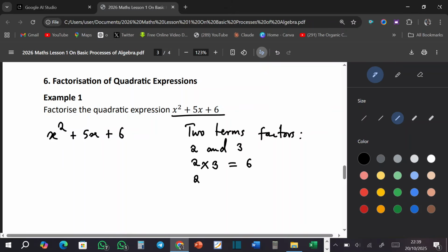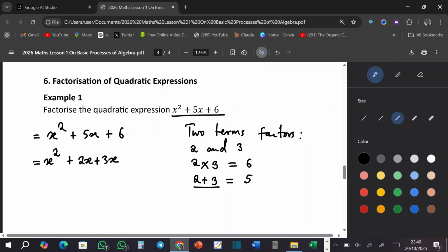If I say 2 plus 3, I'm getting a 5. So these numbers, we just look for them ourselves. Once you find them, you substitute here. You say x to power 2, then plus, where there's 5, you replace it with this: 2x plus 3x. You have seen.